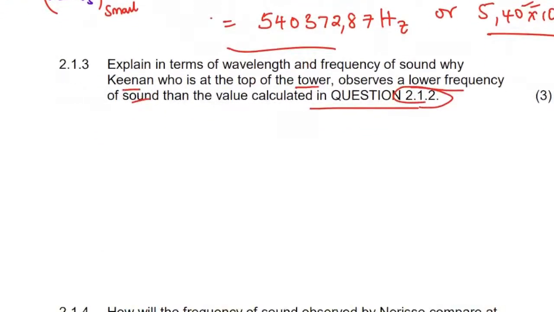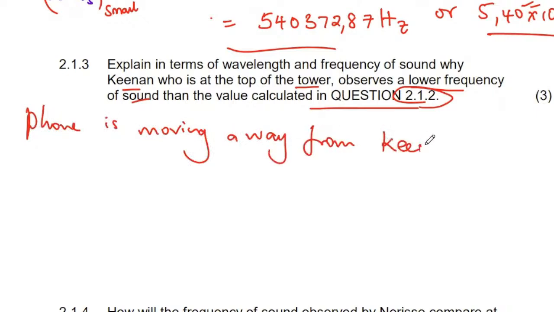For such questions, we go back to the wave equation, where the frequency is inversely proportional to the wavelength. So we can say that the phone is moving away from this gentleman, who is not even making an effort to move. So this guy is stationary.